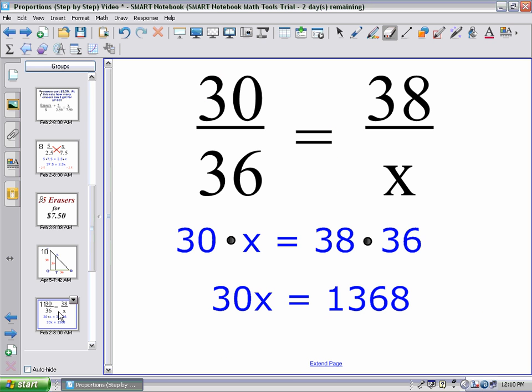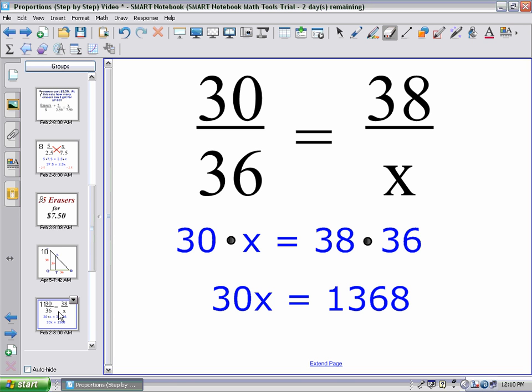So now in my fractions, I'm going to take 30 over 36, the height of the little triangle over the base of the little triangle, equals the height of the big triangle over the base of the big triangle. And then I simply cross multiply. 30 times x gives me 30x. 38 times 36 gives me 1,368.